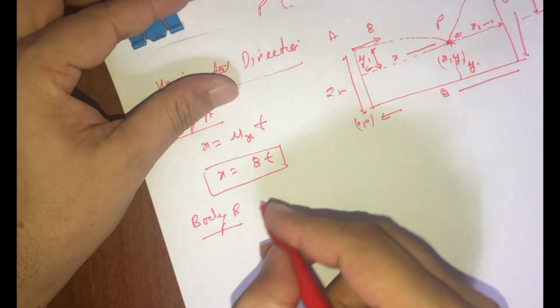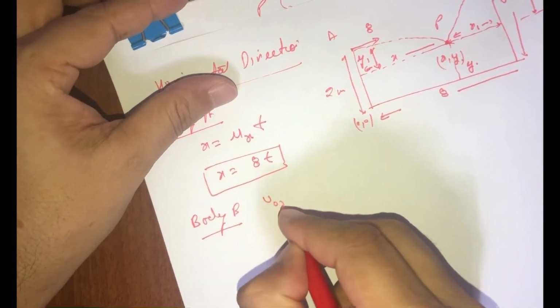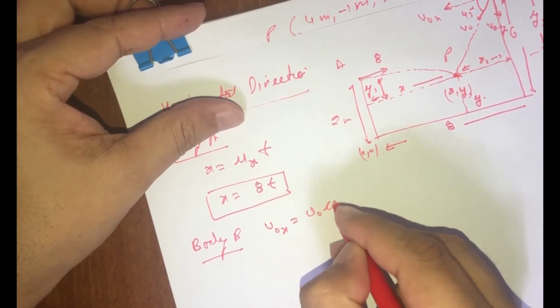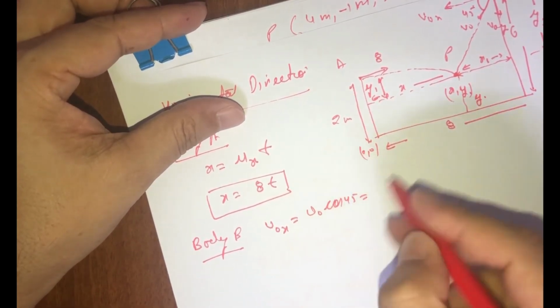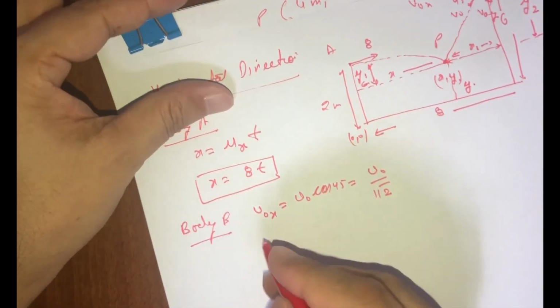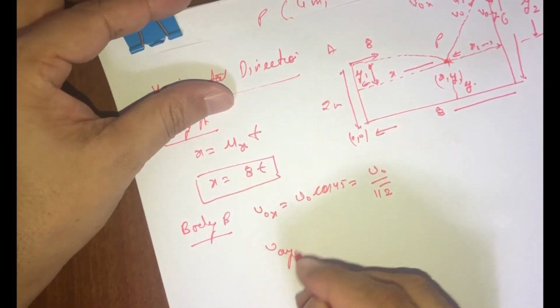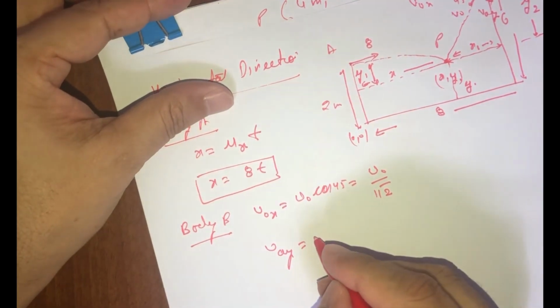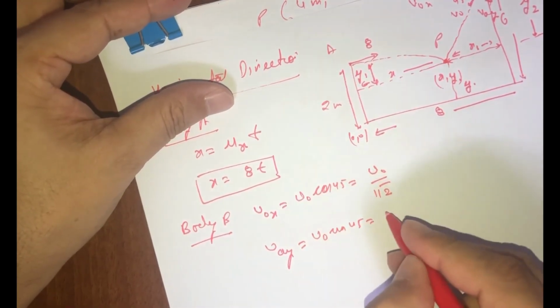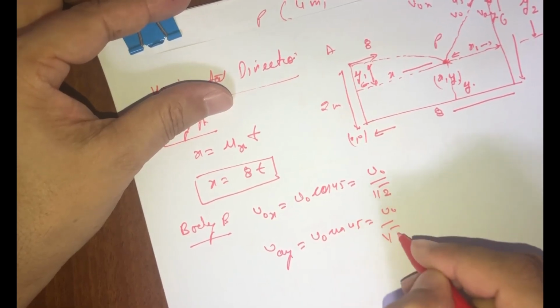So we get v0x is equal to v0 cos 45, that is equal to v0 divided by square root 2. v0y will be equal to v0 sin 45, which is v0 divided by square root 2.